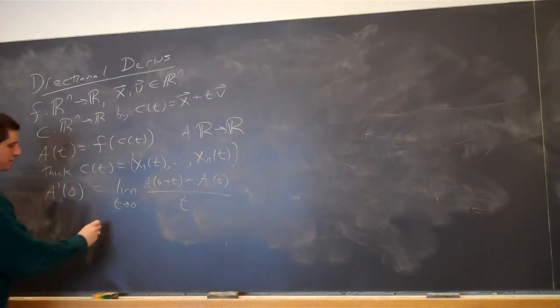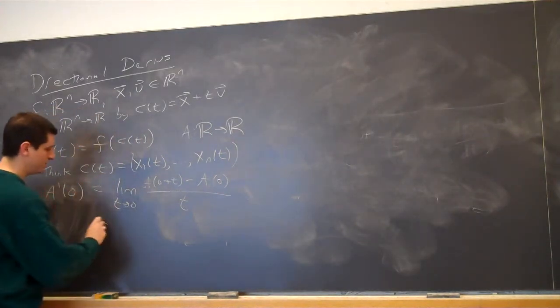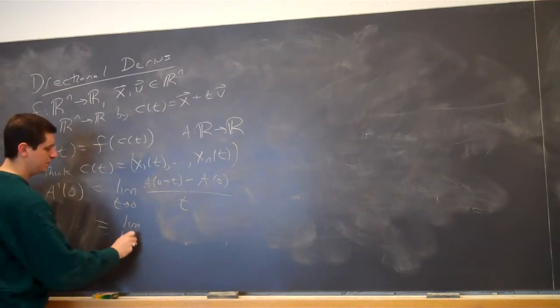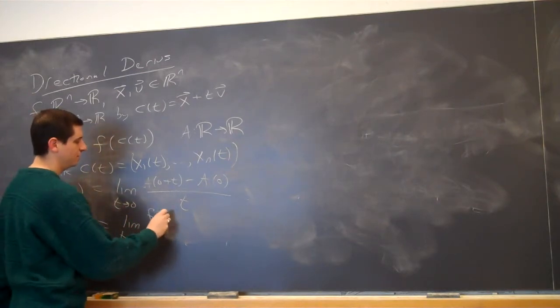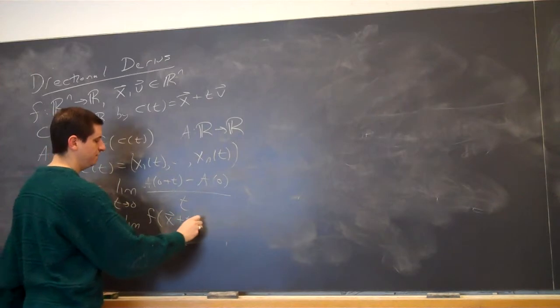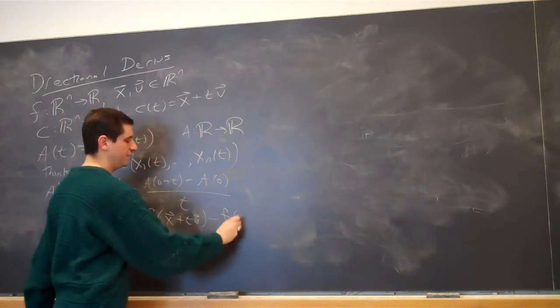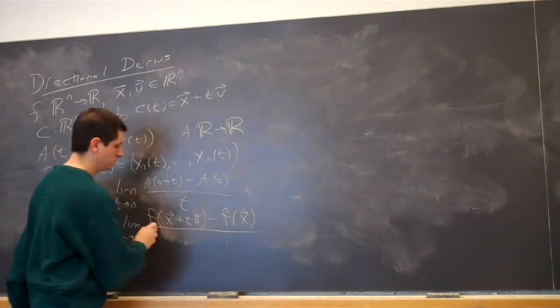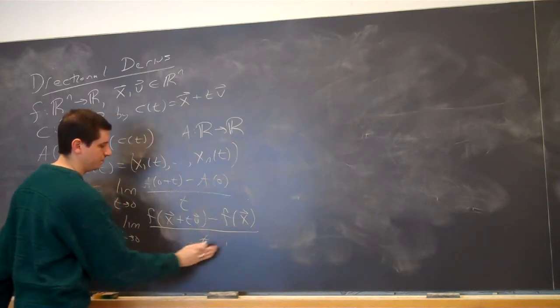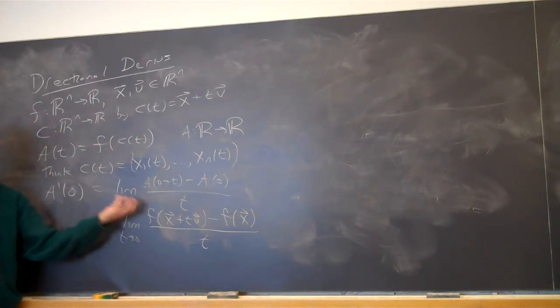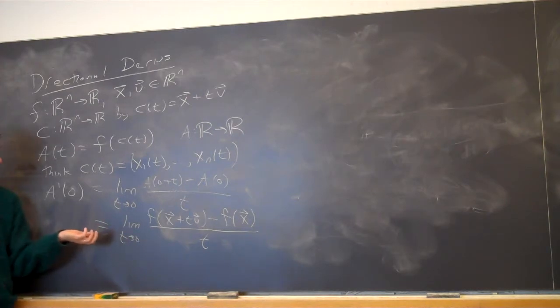And if you want to unwind this, this is going to be the same as the limit as t goes to 0 of f of x plus tv minus f of x over t. So this looks a lot like a definition of the derivative from Calc 1.